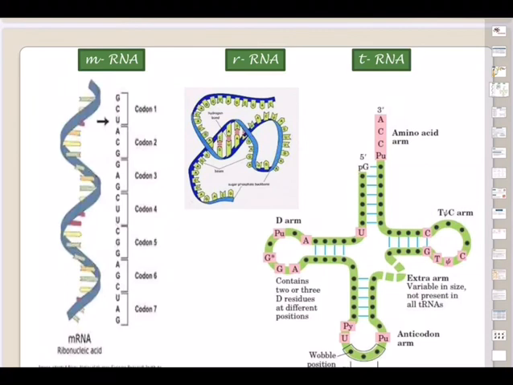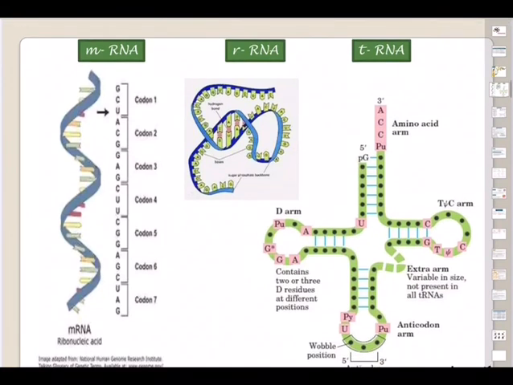This RNA will be having ribosomes on it. That's why it is called ribosomal RNA. And then tRNA, that is transport RNA or transfer RNA. And look at the speciality of this tRNA. It is like a clove, clove shaped structure. And all these three will help in what we call protein synthesis. And particularly greater role is played by mRNA and tRNA.